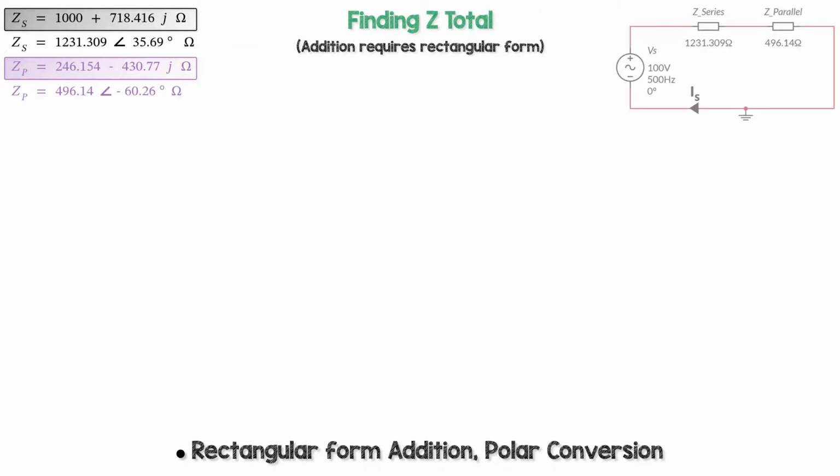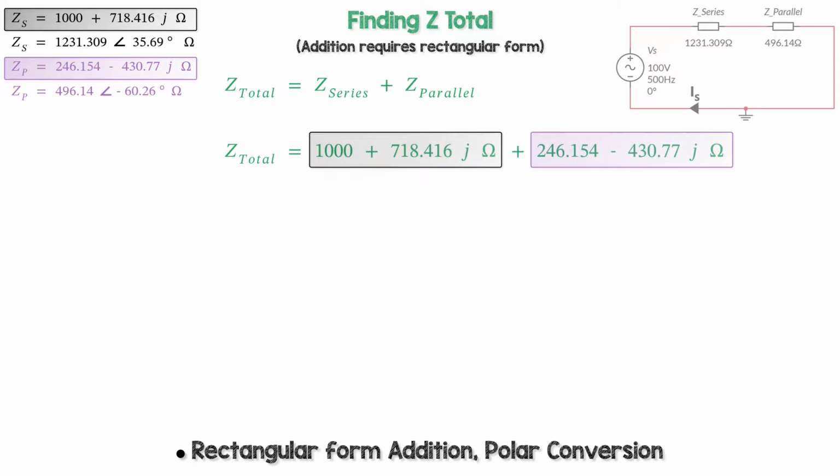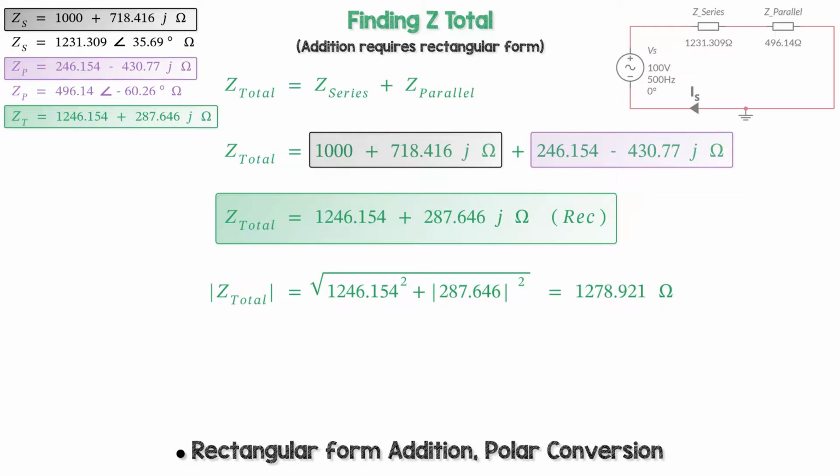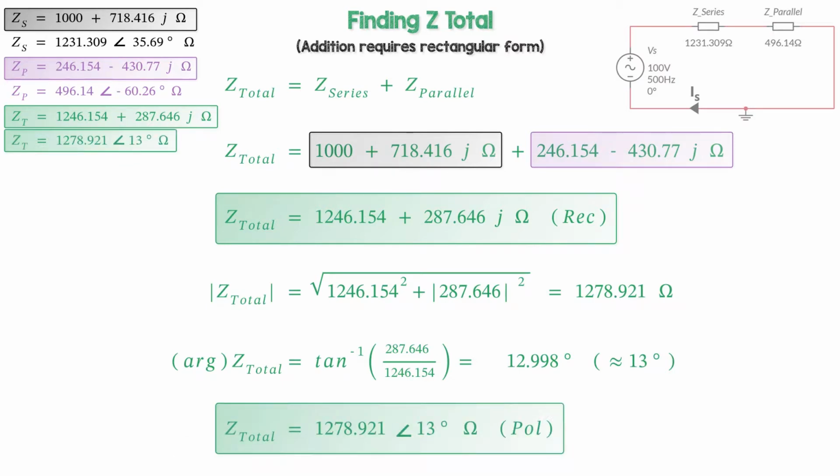So to add, we need rectangular form. Add the real parts to the real parts and the imaginary parts together, and Z total is 1246 plus 287j ohms in rectangular form. Square them, add them, square root them, gives you the modulus, and tan to the minus 1 of opposite over adjacent gives you the angle of Z total.